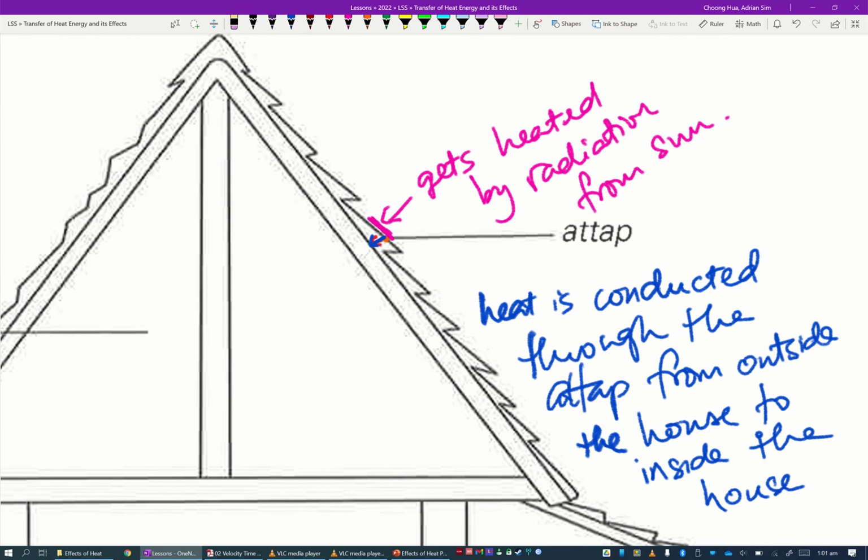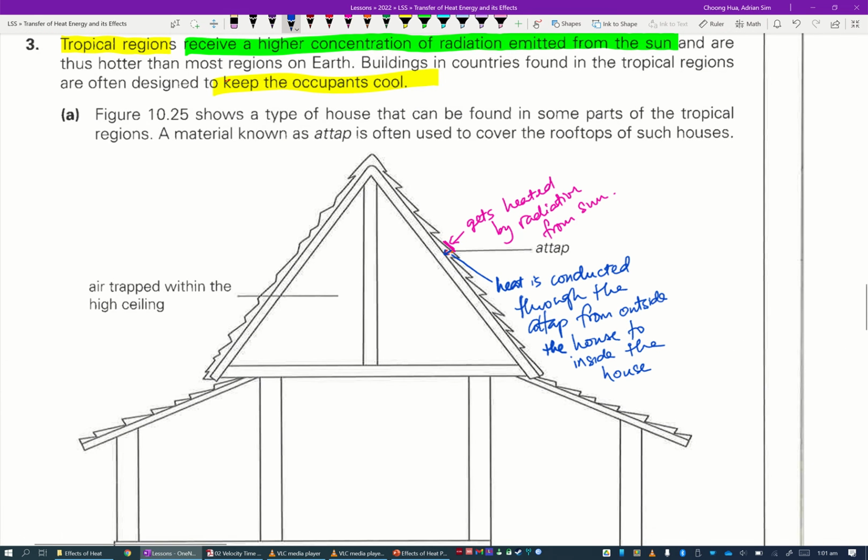Okay, heat is conducted from the outside to the inside, and that's exactly what this question is asking for, which many of you couldn't really understand. Okay, so being a poor conductor, it reduces the rate of conduction through the roof from the outside to the inside. And for some of you, you loosely interchange the terms conduction and radiation.